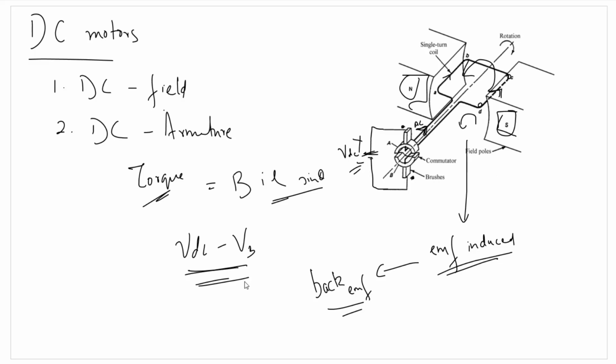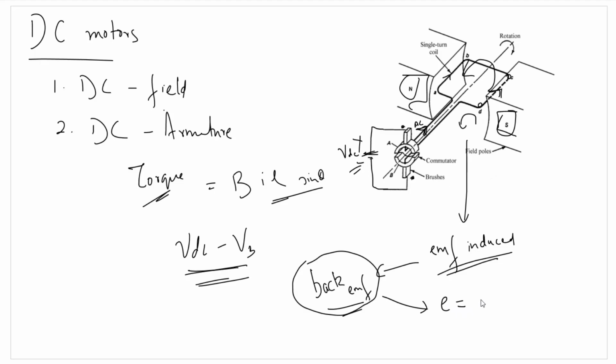It is the voltage that is generated because of the rotation of the conductor in a magnetic field. So in case of DC motors, a back EMF is produced in the armature conductors that will oppose the actual armature voltage being applied to the DC motor in the first instance.